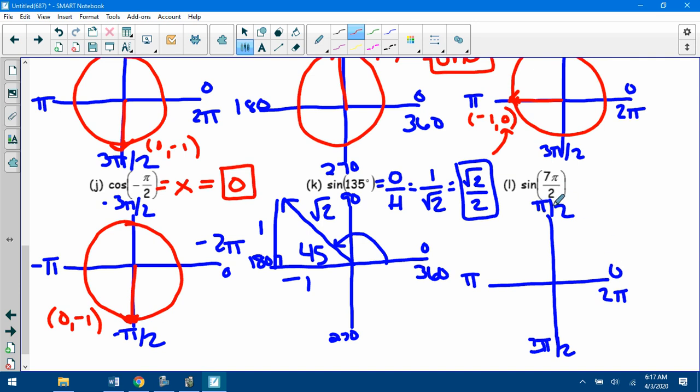This is 0, 1 pi over 2, 2 pi over 2, 3 pi over 2, 4 pi over 2. If I keep going, 5 pi over 2, 6 pi over 2, 7 pi over 2. I'm down here. So over 2, just recognize that it's a quadrantal. So the point would be 0, negative 1. Sine is the y-coordinate, so my answer is negative 1.